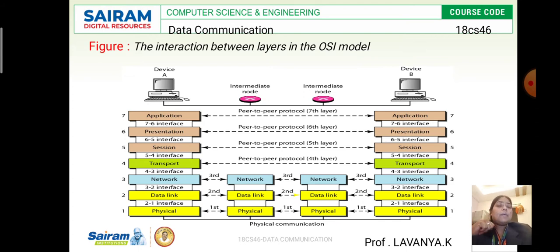The upper level layers are the application, presentation and session layers. The middle level layer is the transport layer, only one. The remaining 3 layers, the physical layer, data link layer and network layer, are the lower level layers. We will see one by one.